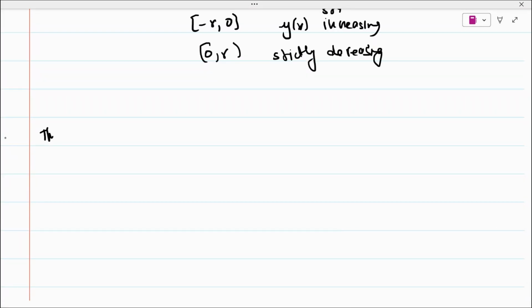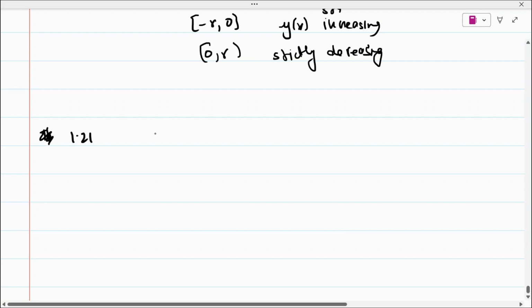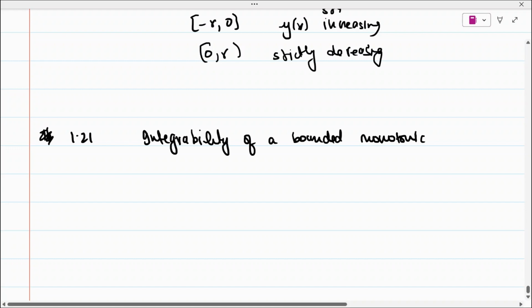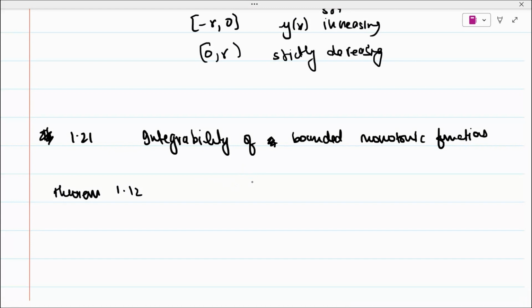Okay, now we come to the integrability of a bounded monotonic function. So we discuss the theorem enunciation. The function is monotonic on a closed interval, on that closed interval.